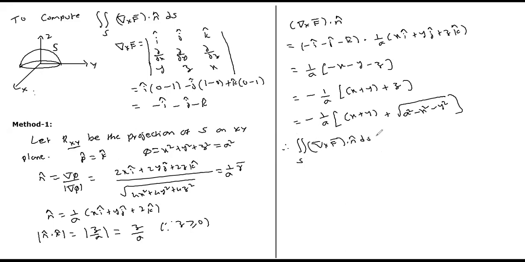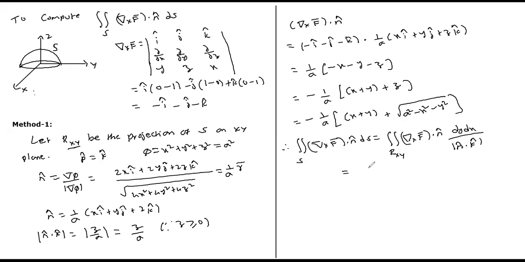ds, which is equal to the integral over s of curl f bar dot n bar ds is dy dx by modulus of n bar dot k bar. I think it is not s, it should be R xy, because I have already taken the projection.